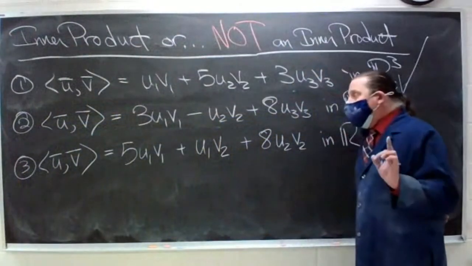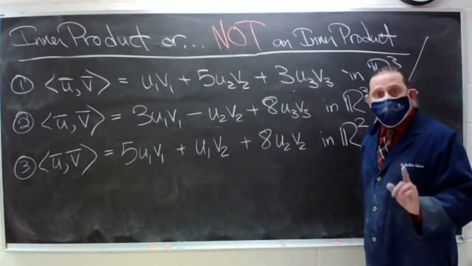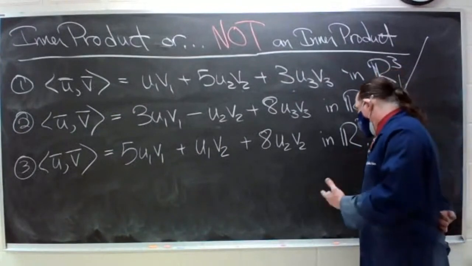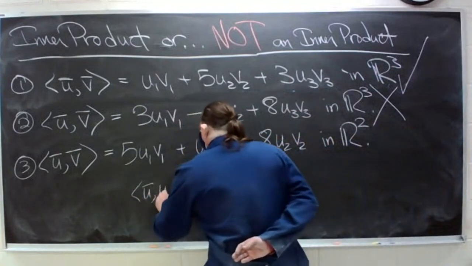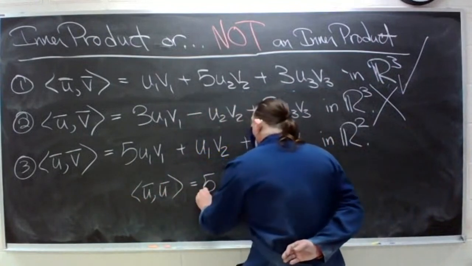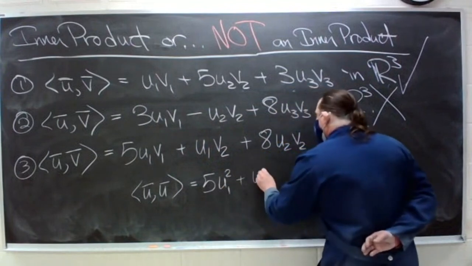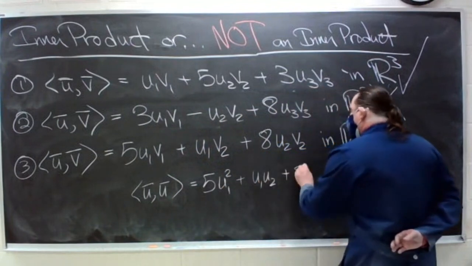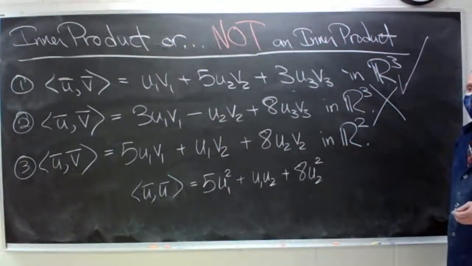Notice that positivity also won't be a problem here. Why not? Well, because u with u would be 5 u1 squared plus u1 u2 plus 8 u2 squared, right?